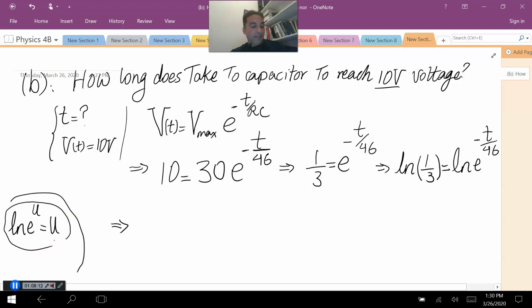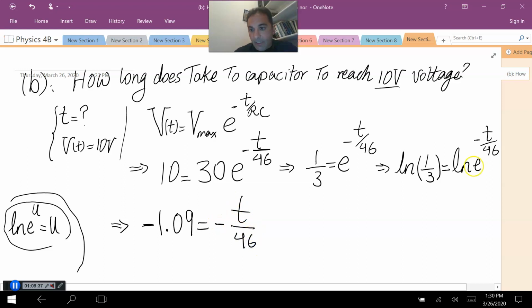And let me find ln 1 over 3. ln of parenthesis 1 divided by 3 parenthesis close. Answer is negative 1.09. It has to be negative, be careful. 1.09 equal negative t over 46.